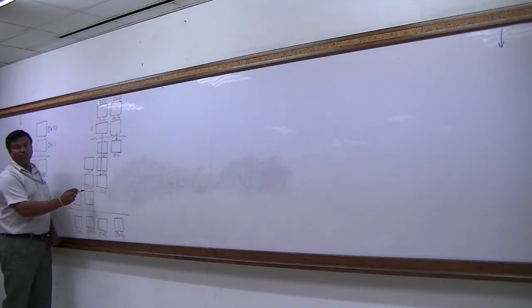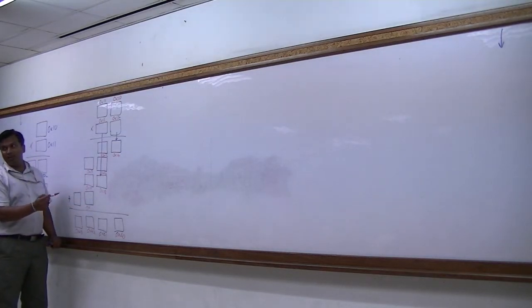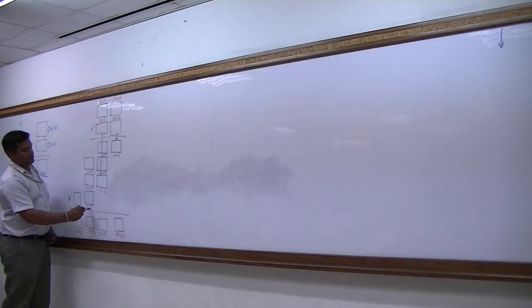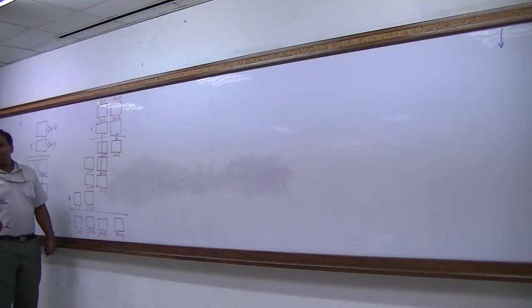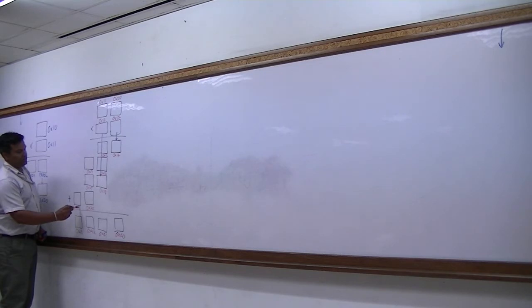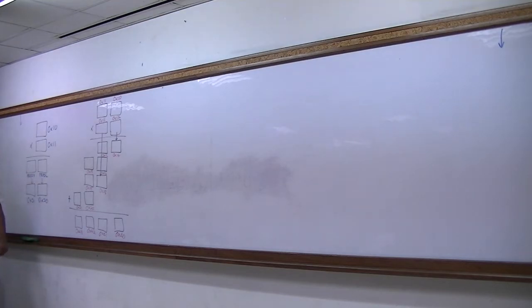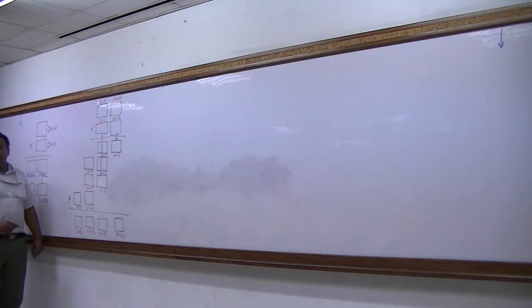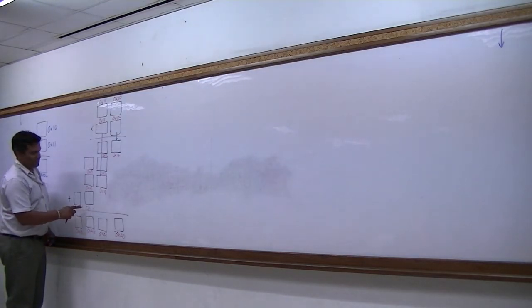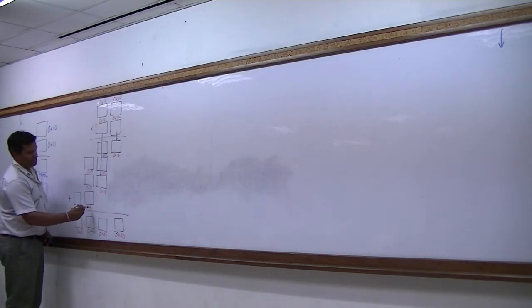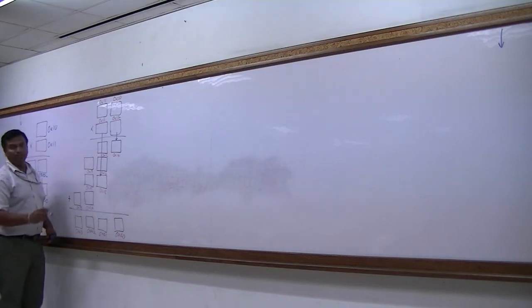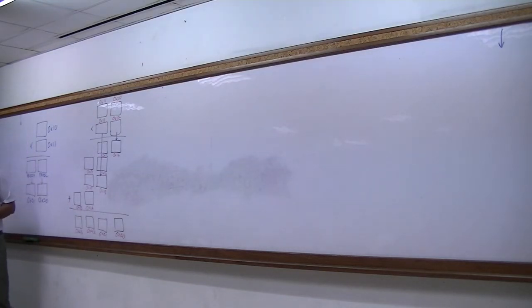Actually after 19 it's supposed to be 1A, but take note, I'm just using this. 1A and 1B. Okay.